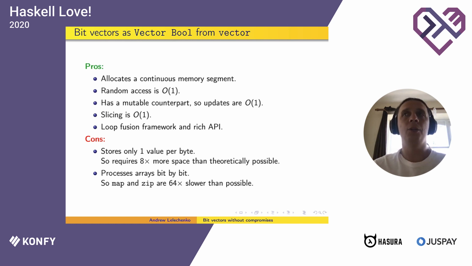So we require 8 times more space than theoretically possible if we pack values 8 bits per byte, as would probably be expected. And another thing is that in the vector API, we are obliged to process arrays basically element by element. And in our case, elements are so small that it becomes a disadvantage.